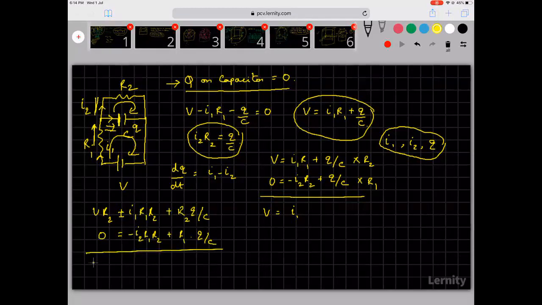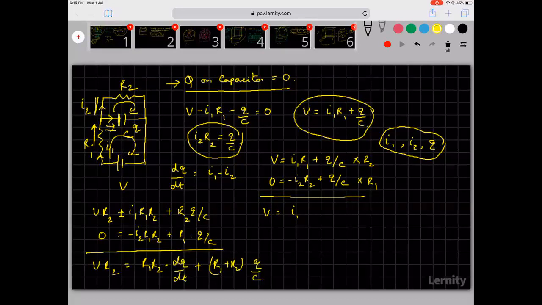So I'll get V R2 is equal to R1 R2 into I1 minus I2, which is equal to dq by dt, plus R1 plus R2 times Q by C.